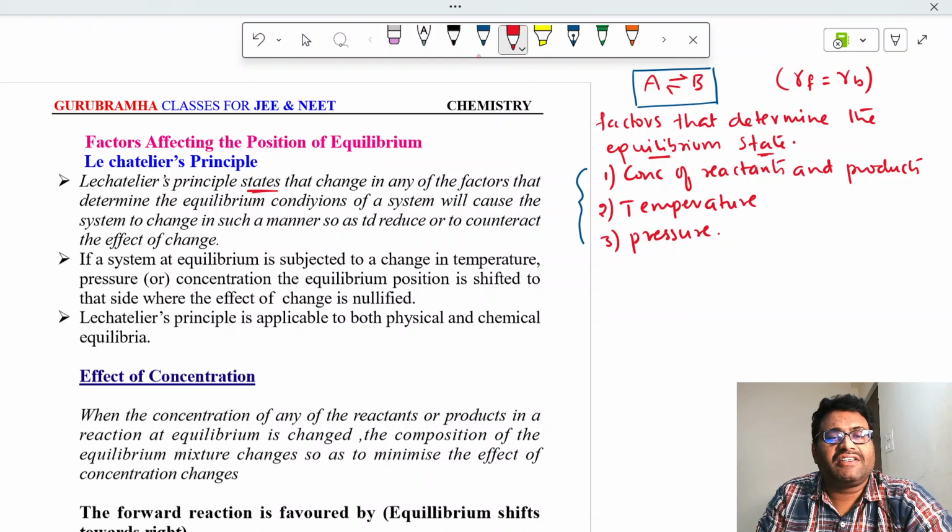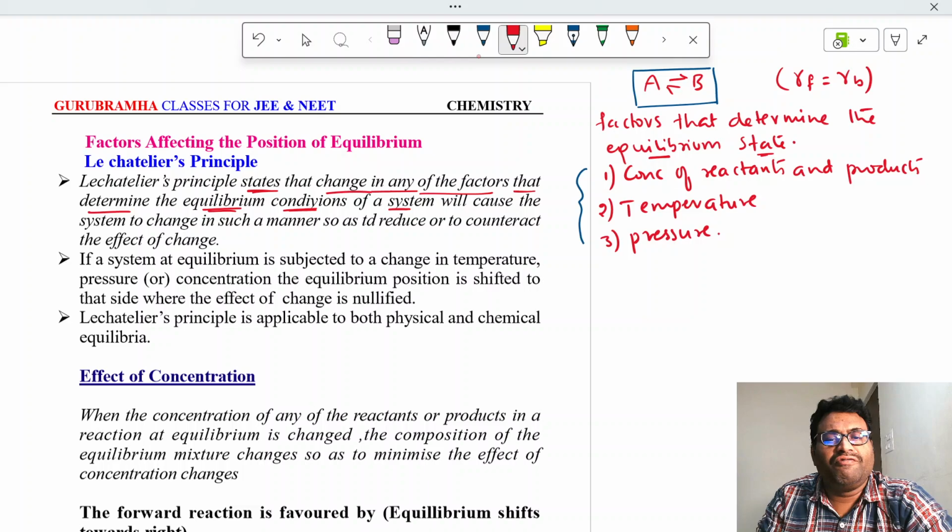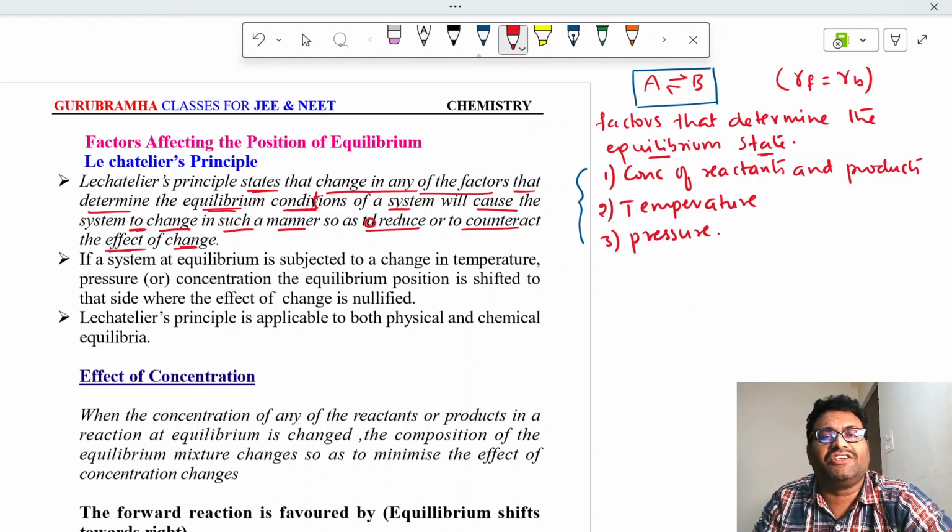It states that a change in any of the factors that determine the equilibrium condition of the system will cause the system to change. Any of the factors means either concentration of reactant and product, or temperature, or pressure. It will behave in such a manner as to reduce or counteract the effect of the change.